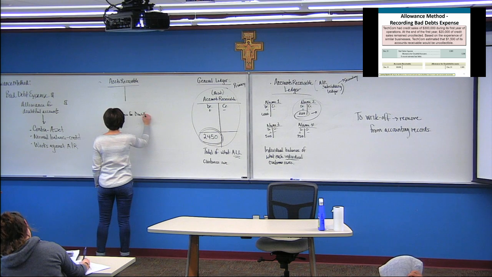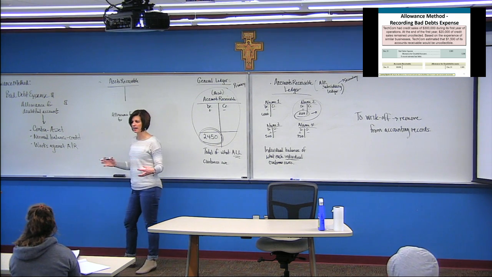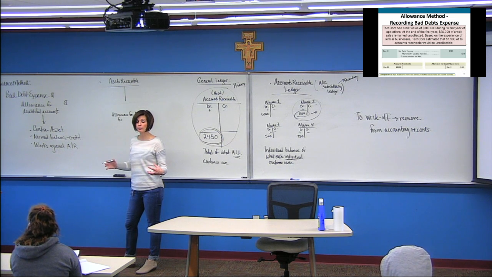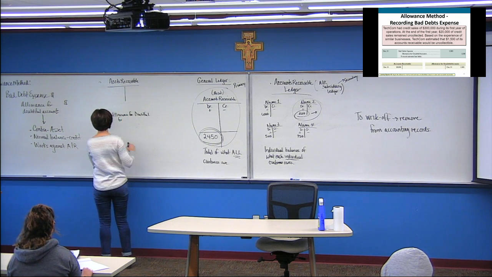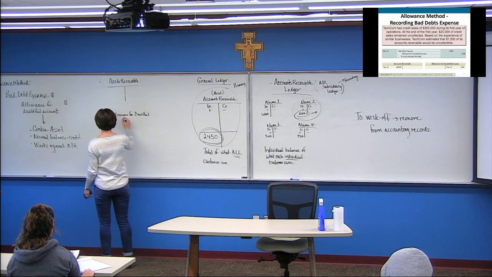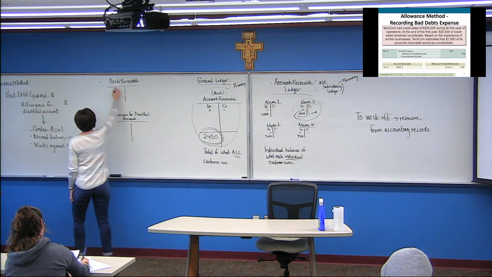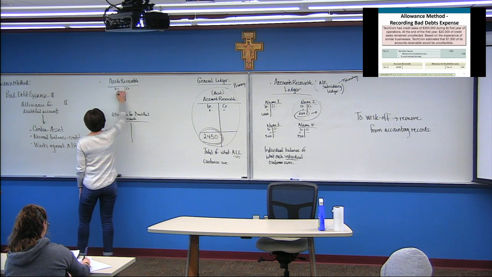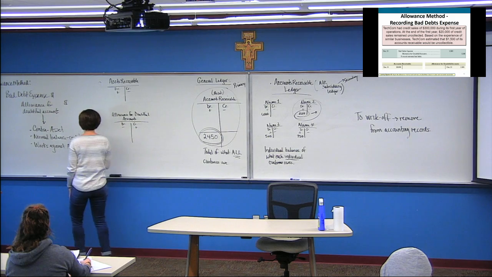Allowances in this term, let's pick that apart. Allowance means an amount of money set aside, so to speak. Doubtful means you don't think you're going to collect, right? So, allowance for doubtful accounts.